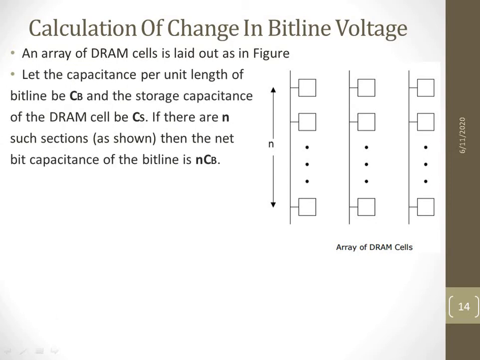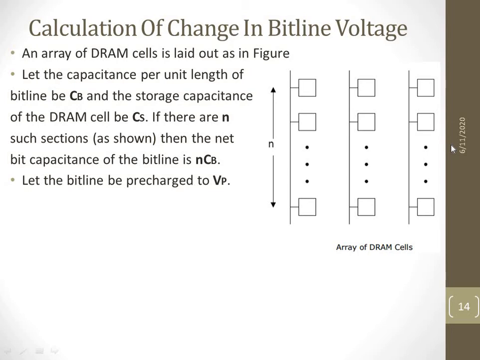Let the capacitance per unit length of bit line be CB and the storage capacitance of the DRAM cells be CS. If there are N such sections, then the net bit capacitance of the bit line will be N CB, obviously.